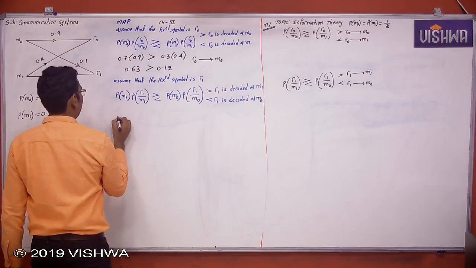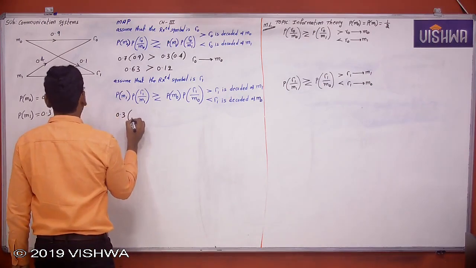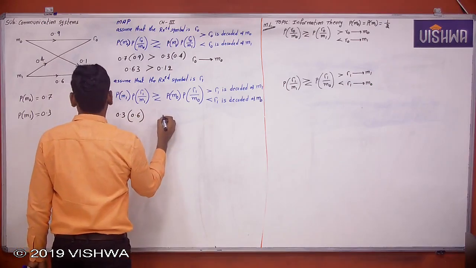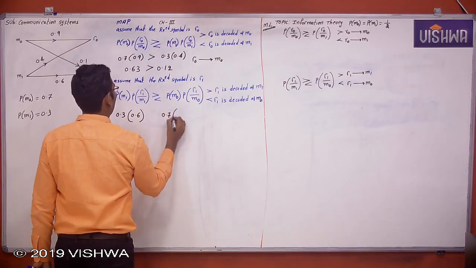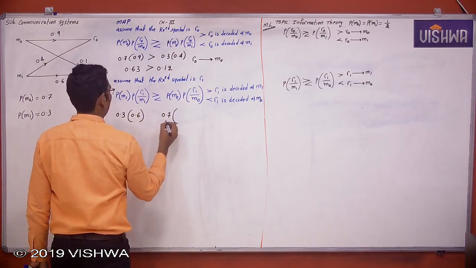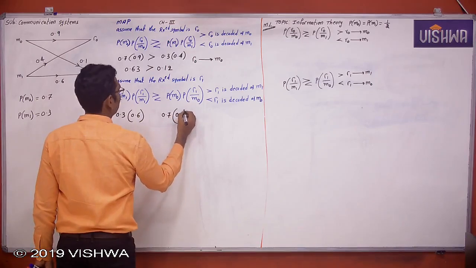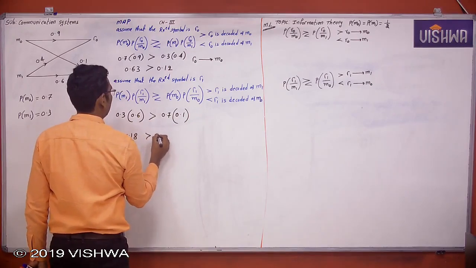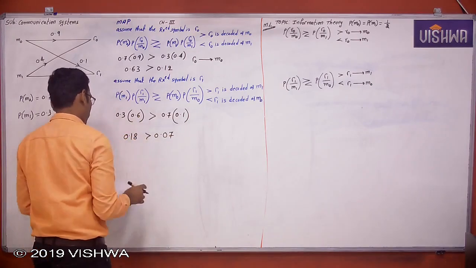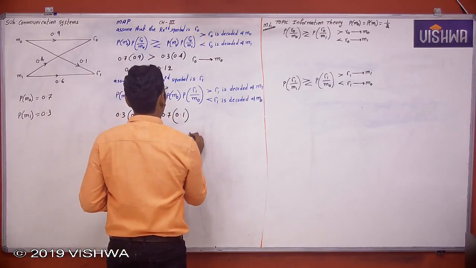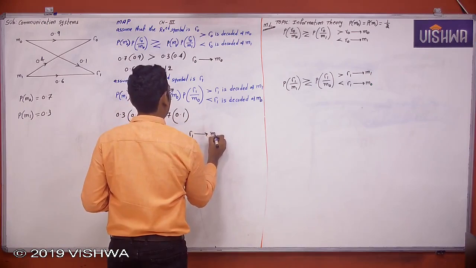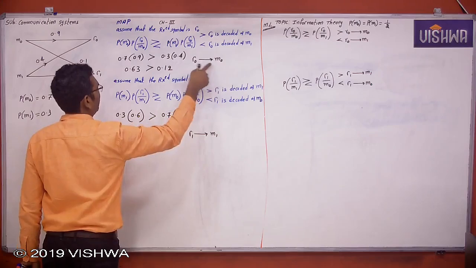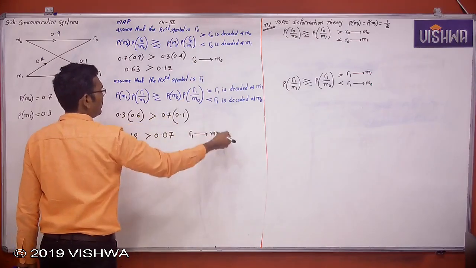Now P of M1, 0.3, into P of R1 by M1, 0.6. Now P of M0, 0.7, P of R1 by M0, 0.1. Which is nothing but 0.18, which is greater than 0.07. Therefore R1 is successfully decoded as M1. Now both are perfectly decoded: R0 is decoded as M0, R1 is decoded as M1.